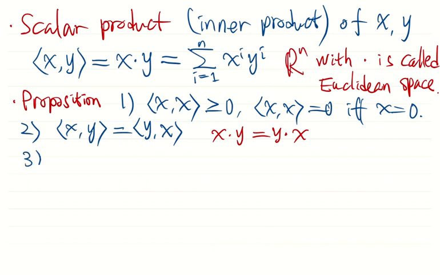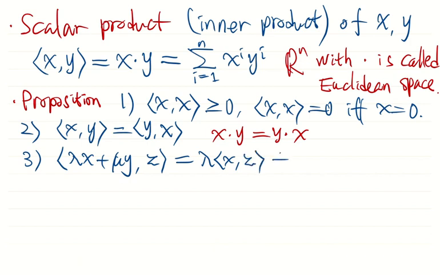Okay, just a different notation, but the meaning is the same. The third one is that for lambda and mu real numbers and x, y elements in Rn, then lambda x plus mu y is an element in Rn. Therefore, we can take a scalar product of this sum with a third element z in Rn. This will be equal to lambda times the scalar product of x and z plus mu times y and z.